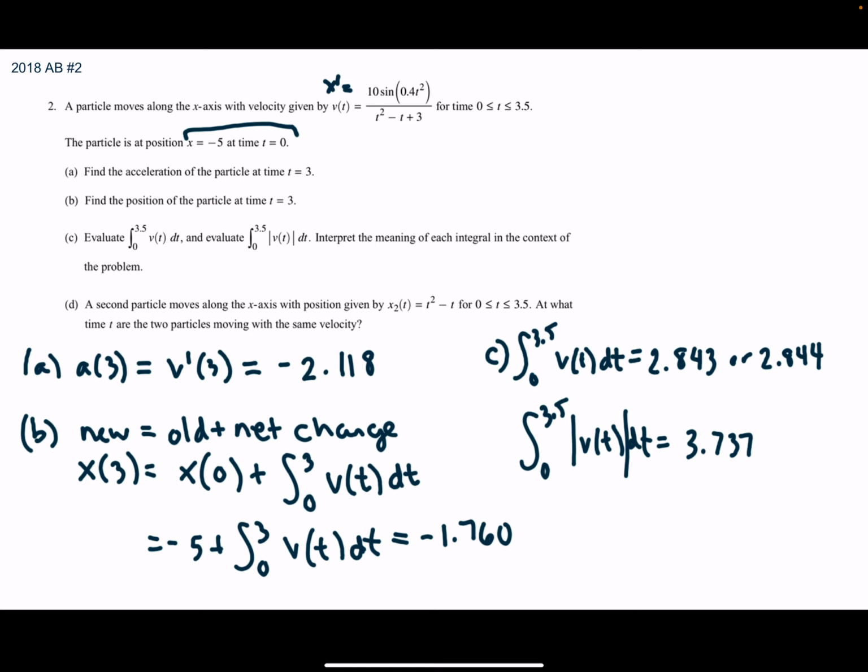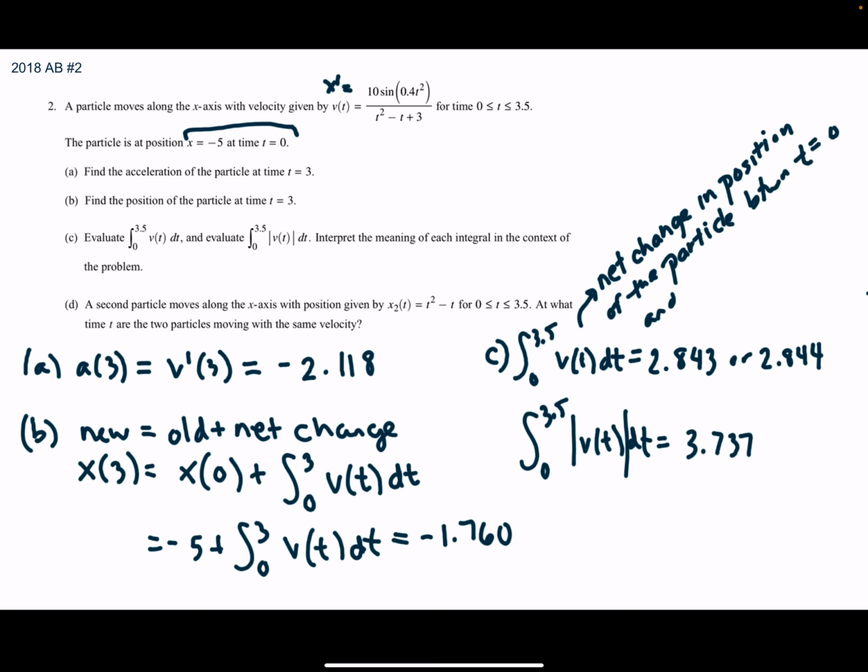Now it asks to interpret the meaning of each integral in the context of the problem. Usually it would say give it with correct units, but there is no unit indication anywhere here. What I need you to recognize is that your integral without absolute value bars is the net change in position of the particle between t equals 0 and t equals 3.5.